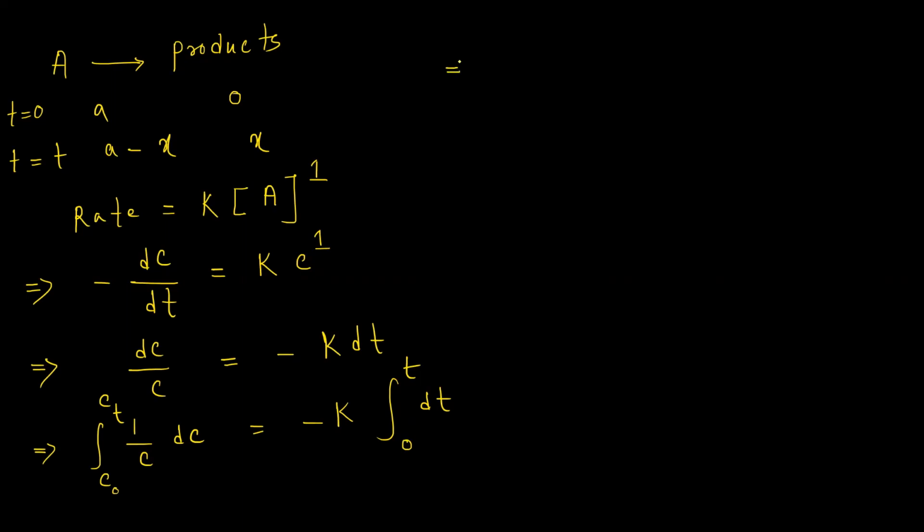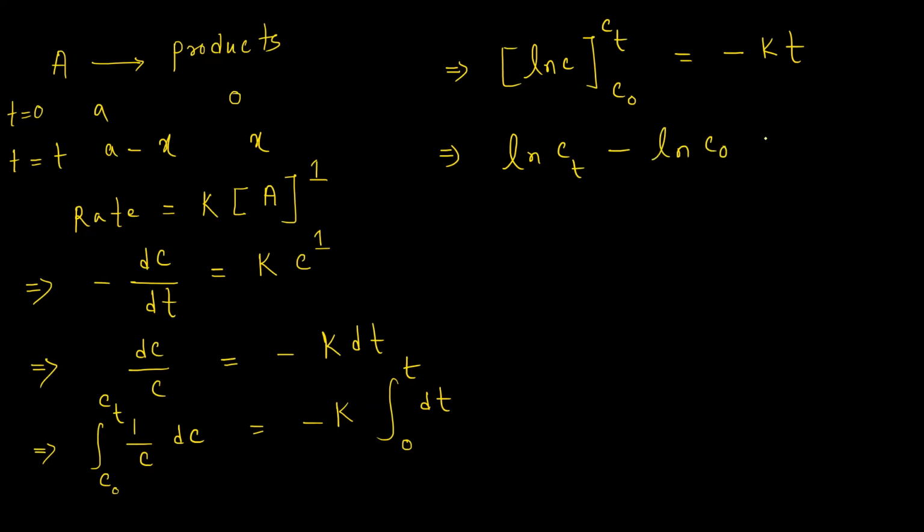So here we can write ln c from c naught to ct is equal to minus k, upper limit minus lower limit. So ln ct minus ln c naught is equal to minus kt.